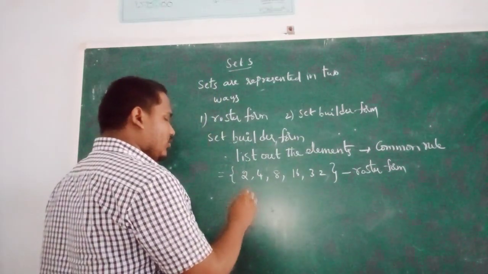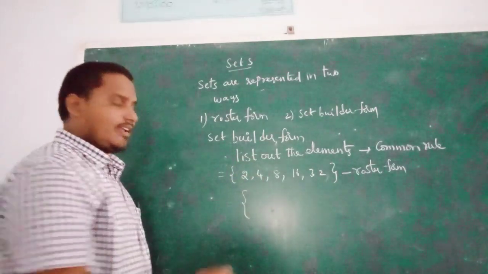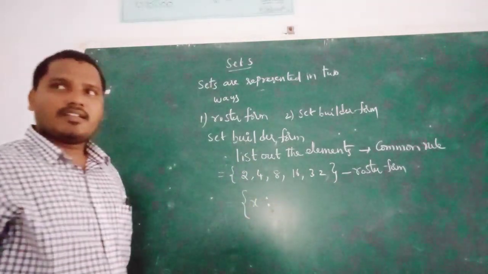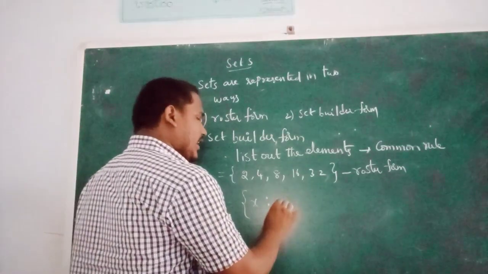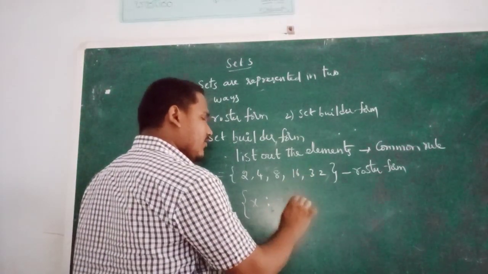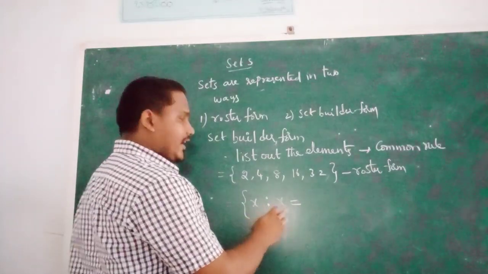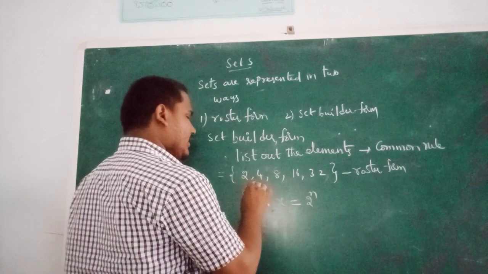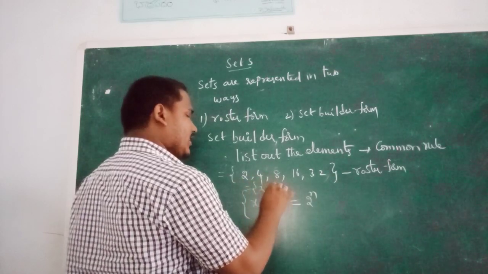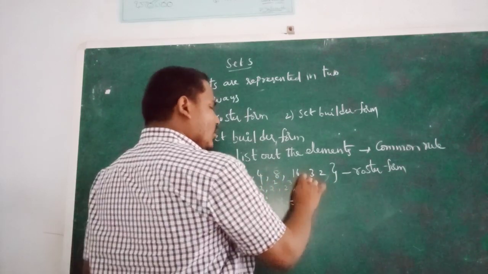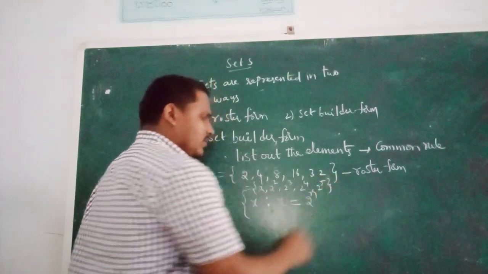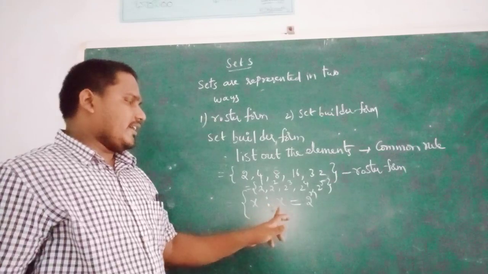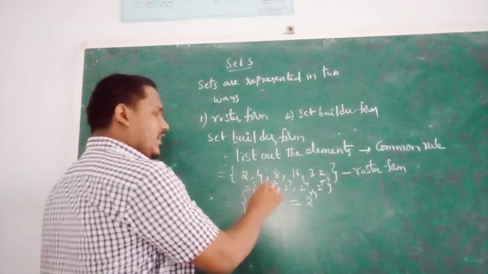That is equal to the set of x such that x is equal to 2 to the power n.